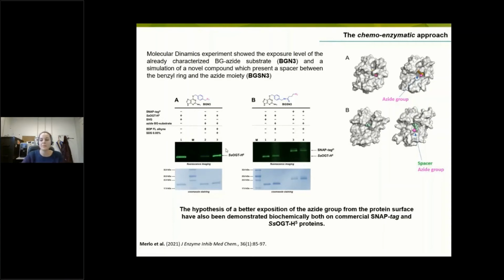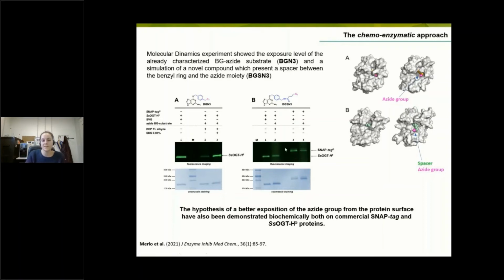This is maybe because the structure of the protein is partially opened, and this exposes the azide group better to the solvent. But this is not necessary with the spacer substrate, in which the two reactions are basically comparable.